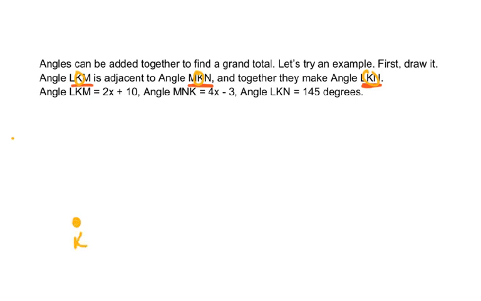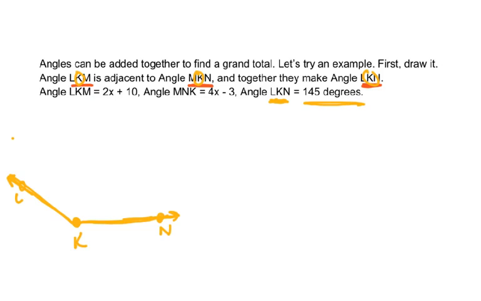I get told the big angle is 145 degrees, so I know I've got a big obtuse angle that's not going to be quite straight. And that is L to K to N, because they tell me LKN is the big angle.